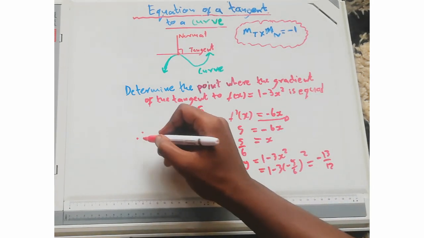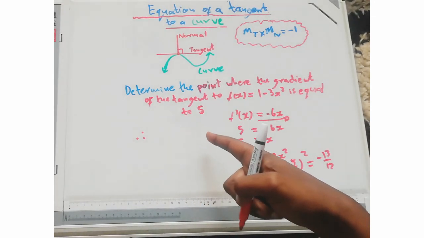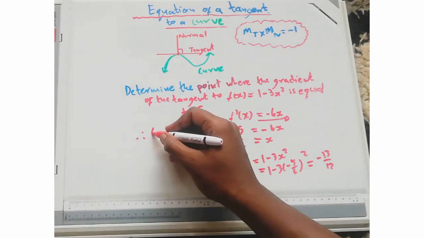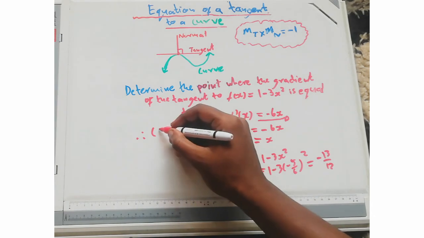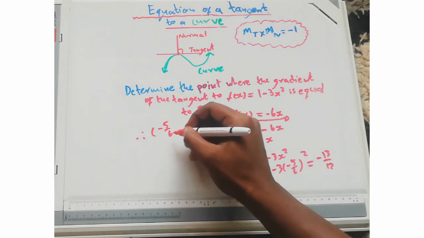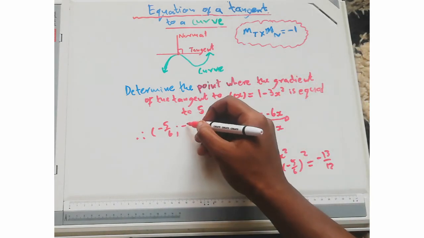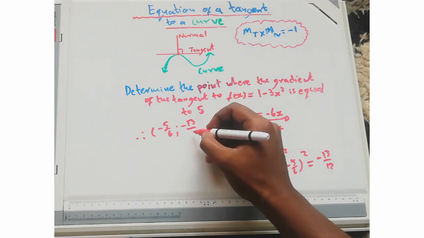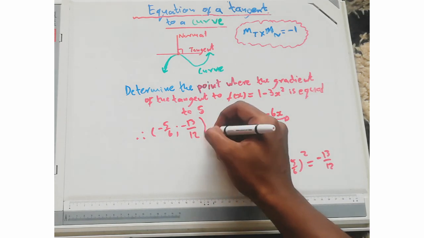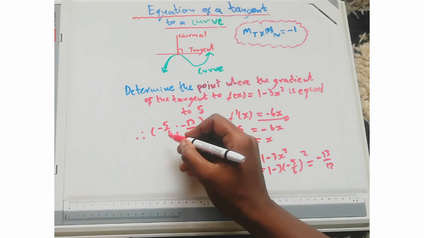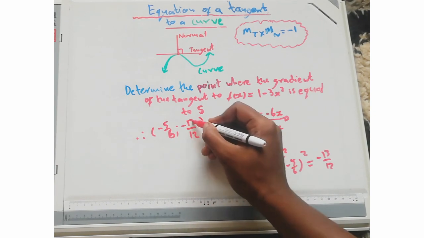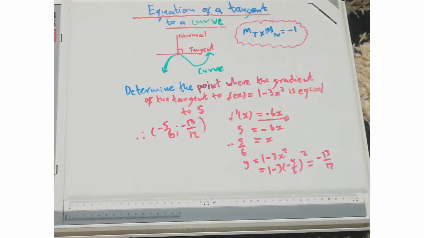Therefore, the point at which the gradient is equal to 5 is actually -5 over 6 and -13 over 12. So this is your final answer.